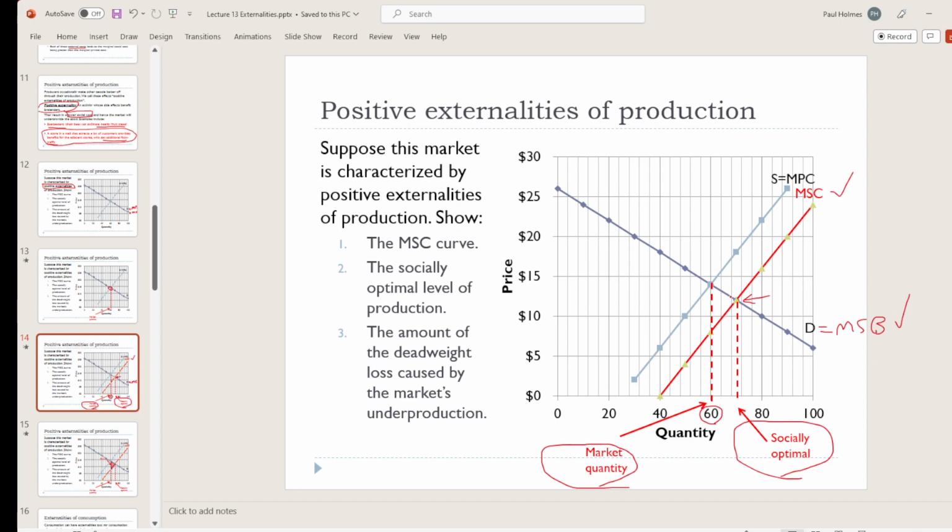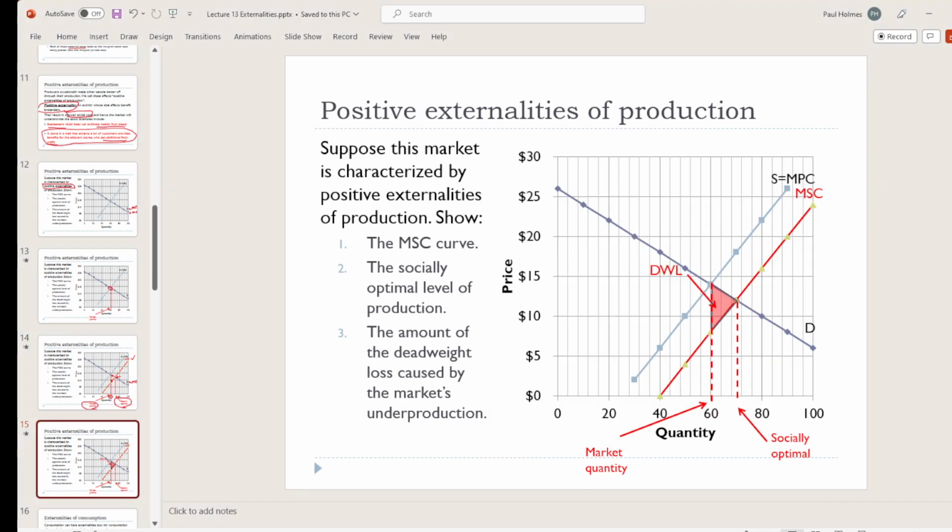So as we miss out on these units of production, we miss out on those benefits. We could have had a trade between this person here, a buyer who valued this product at $13, and say a seller producing that unit there with a true cost of only $9. That trade would have been beneficial for society, but doesn't take place. So we end up with deadweight loss equal to this triangle in here.